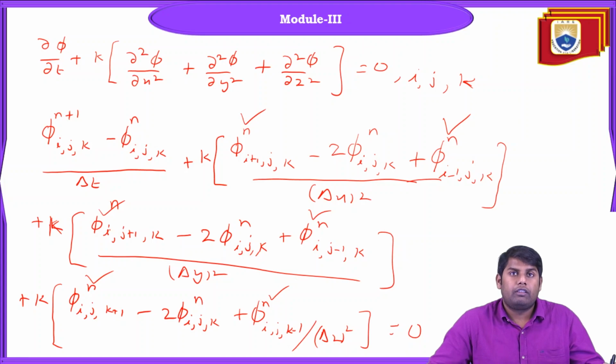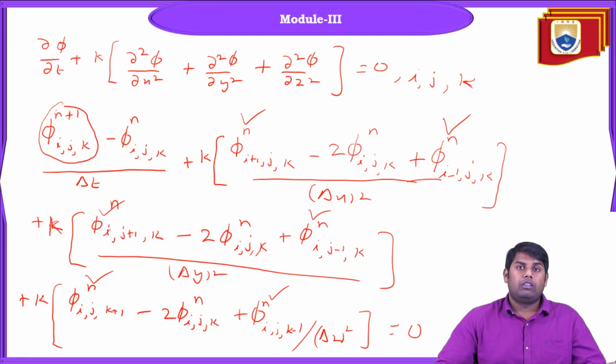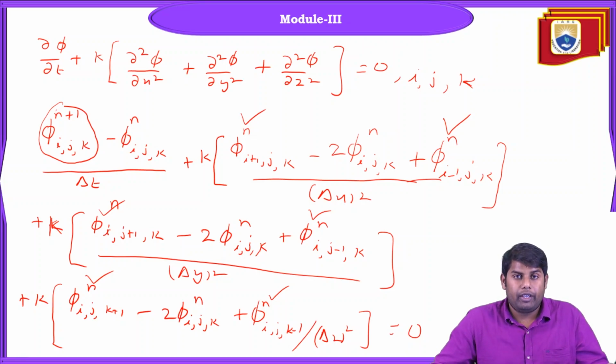In turn, we can say that for one dimensional we have 2 terms depending, for two dimensional we have 4 terms, and for three dimensional we have 6 terms which are depending majorly for solving this. Okay. For the full form of the momentum equation, you can see how complex it is. This is what is applied for the explicit method.